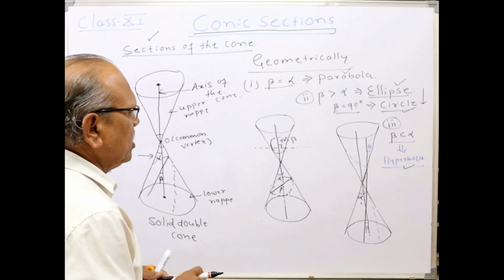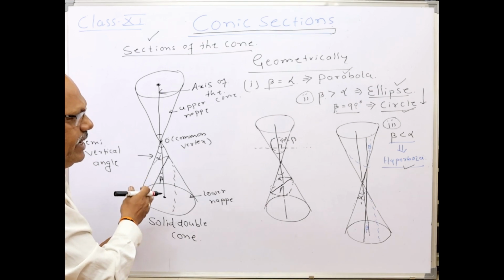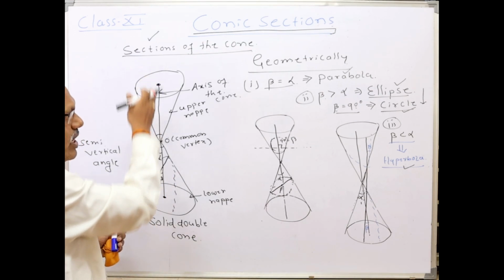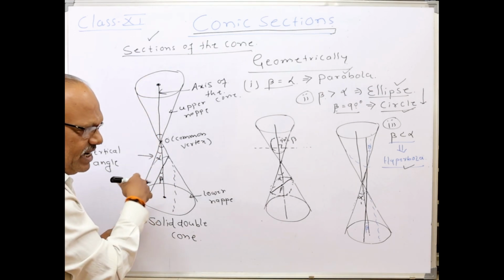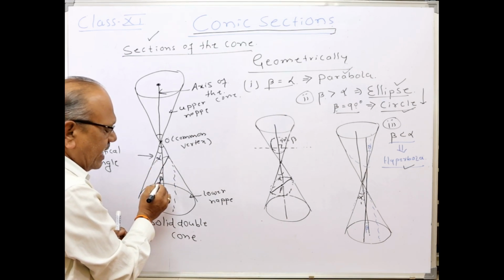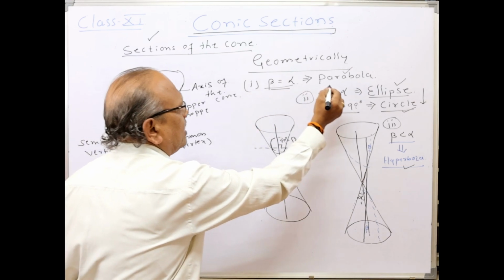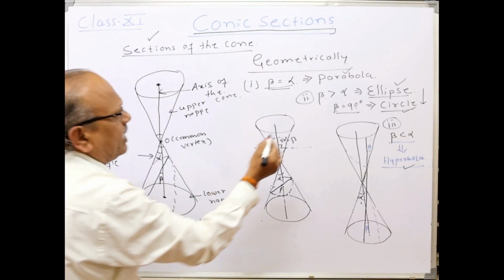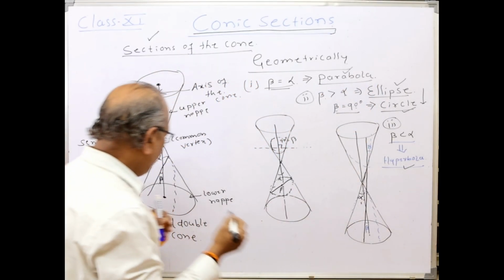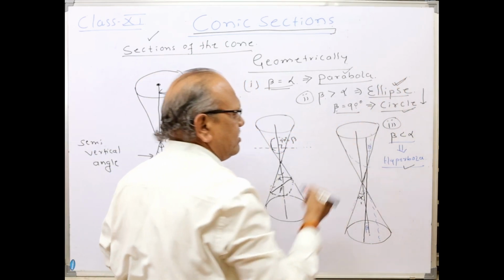The resultant sections of the cone are the parts obtained when a solid double cone is sliced at different angles with respect to the semi-vertical angle. Say that angle is beta. If beta is equal to alpha, the resultant section is called a parabola. If beta is greater than alpha, the section is called an ellipse.